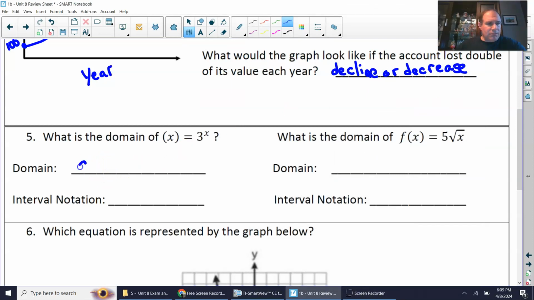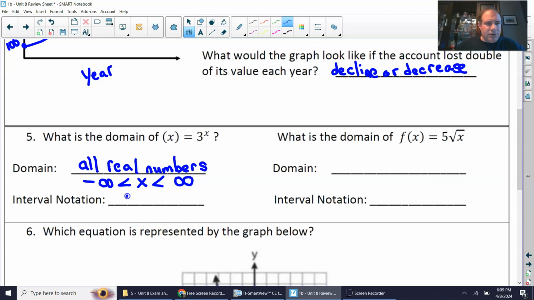So all real numbers. If you're going to put this into an inequality, it is x is greater than negative infinity and x is less than infinity. Right?